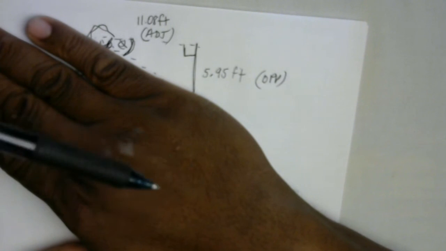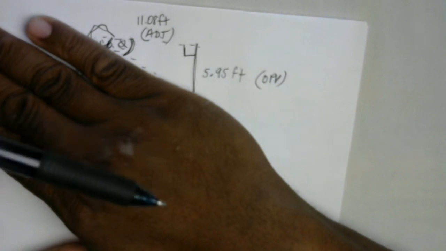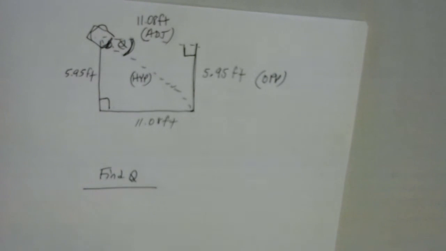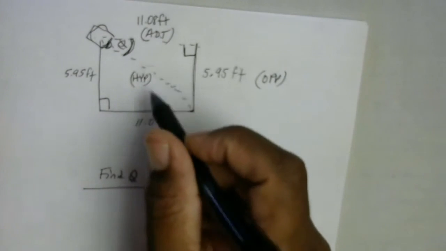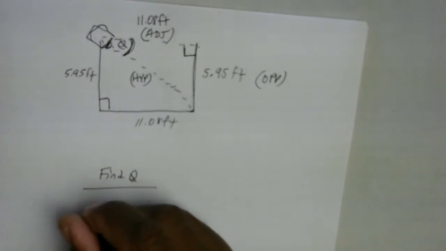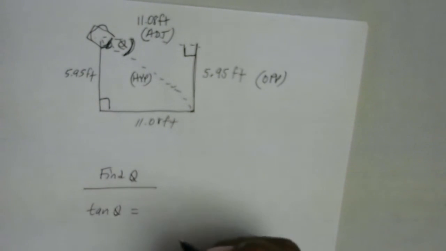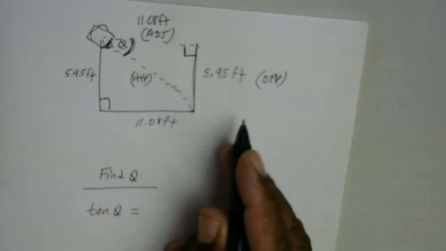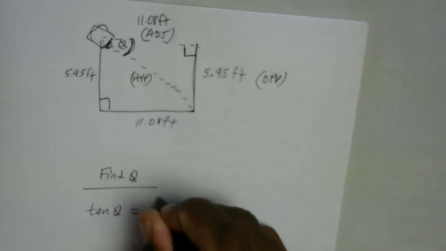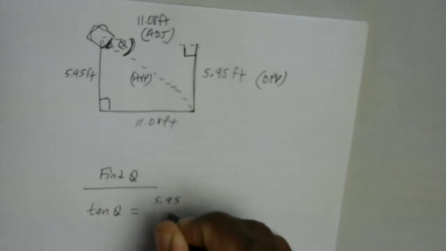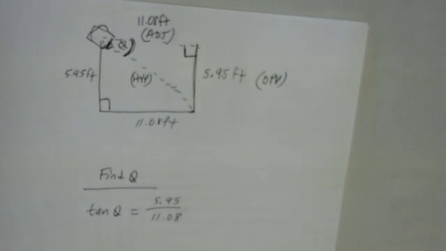Well, SOH CAH TOA says that the tangent is the opposite divided by the adjacent. So I can set this up as the tangent of theta equal to the opposite, which is 5.95 over the adjacent, which is 11.08.